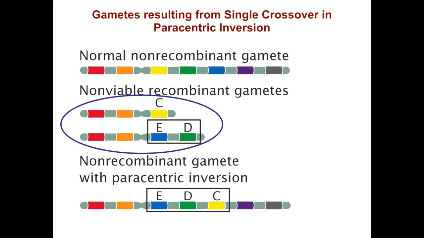However, the recombinant gametes are lethal because they don't have the full complement of genes that are necessary to form an embryo that's viable. So basically, you need to have E, D, and C on both chromosomes in order to create a viable embryo.